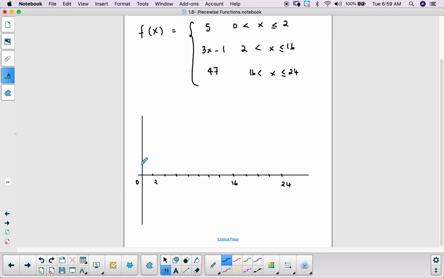Let's say this is our 5. So it's going to be a straight line till there, and then it's 3x minus 1. So we have this point 2, 5, and 3, 8. Let's say this is our 8. We have 3 and 8. We have this point here, and we have a line.